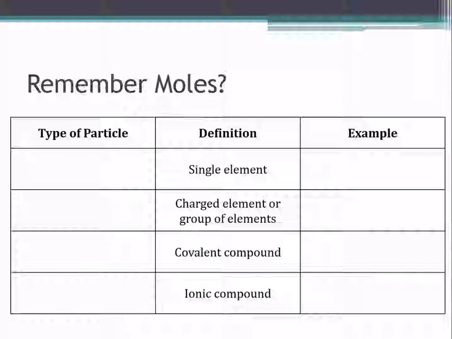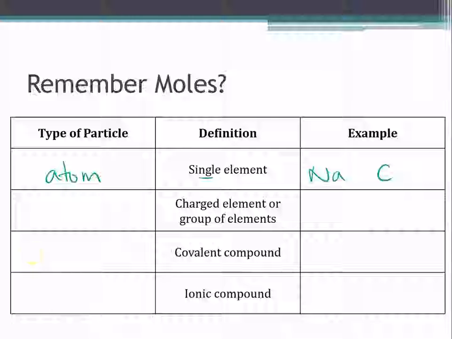So the first time we covered moles, we really only talked about atoms. And an atom represents one single element. So it's an atom of sodium or an atom of carbon. Just one single element from your table. But we can also use moles to talk about different types of particles.